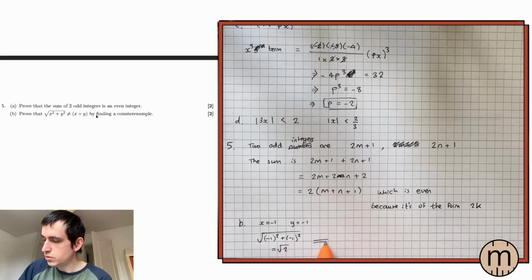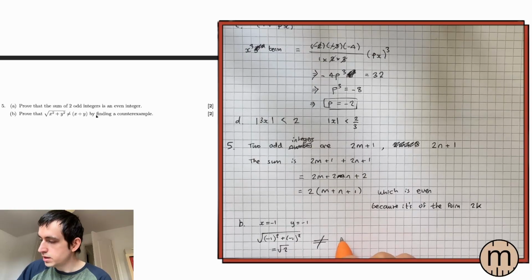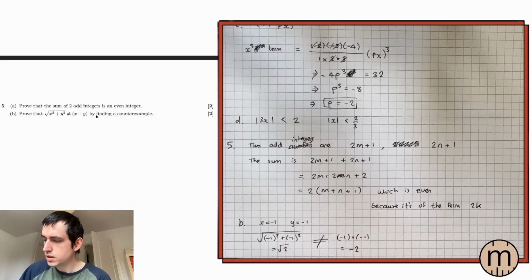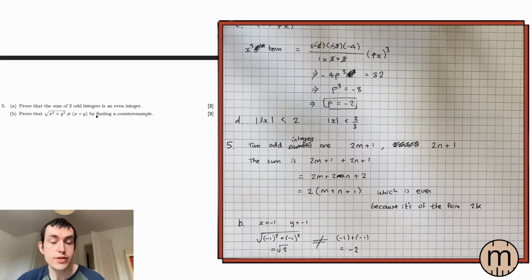But that is not equal to x plus y, because x plus y is equal to -2. Now you don't have to use negatives here, but it's good to get into the habit of using negatives when you see a square root, because those are often the ones which give you the counterexample.